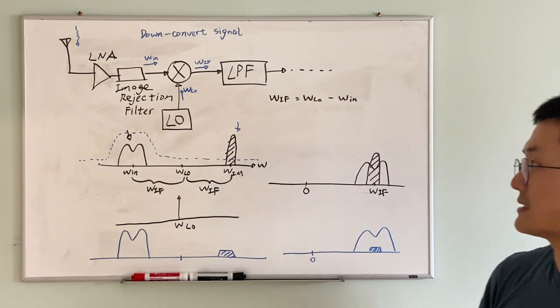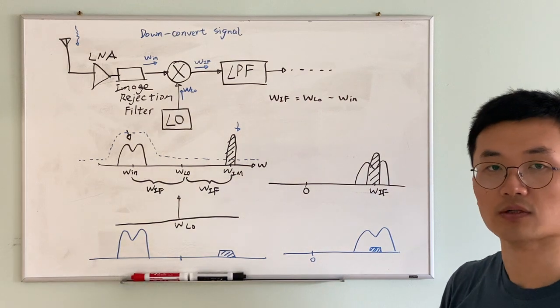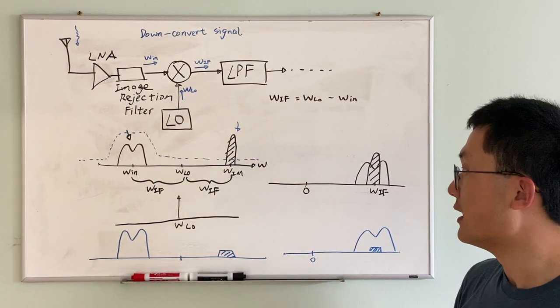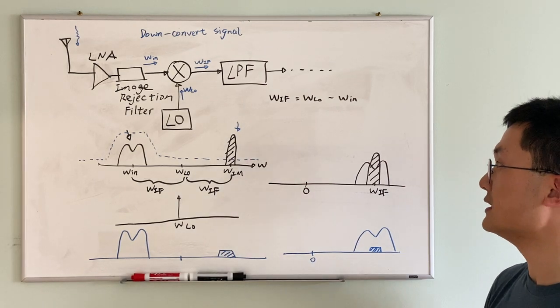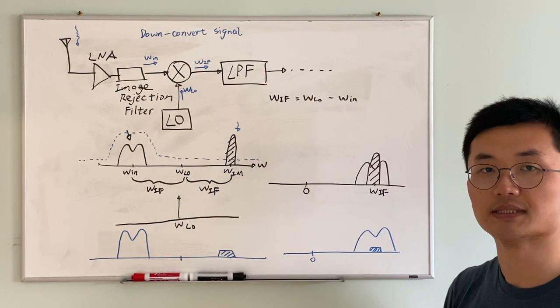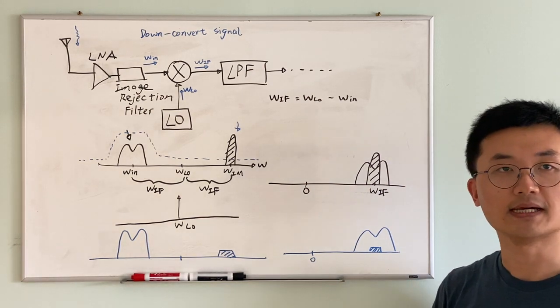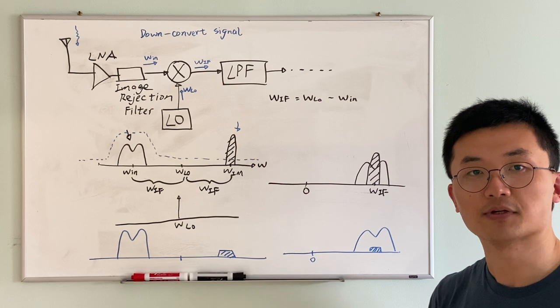Now you might want to ask, what is the source of these image spurs or signals? You shouldn't be surprised. These images can come from many sources. Take 2.6 GHz as a frequency, for example.